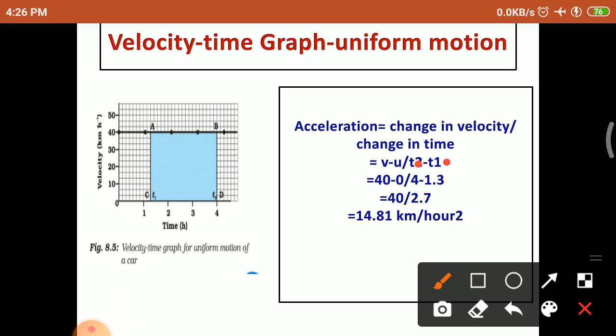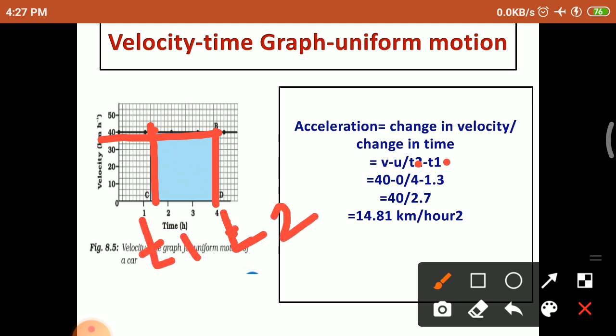If you take 2 points on the line, draw perpendicular lines to the x-axis and also the y-axis. This is t2 and this is t1. This is u and this is v. This is the initial velocity and this is the final velocity.